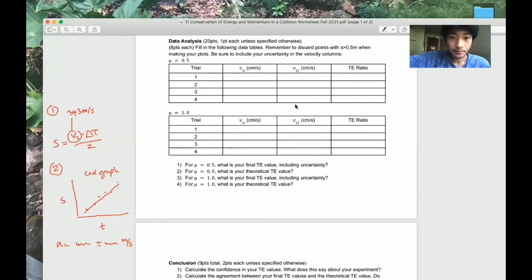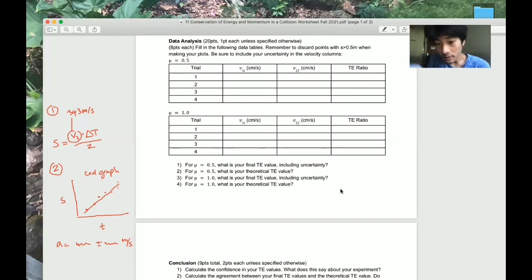For the final TE values down here, it says what is the final TE value? For these, you're just going to want to average over your 4 trials. So average over these four numbers.